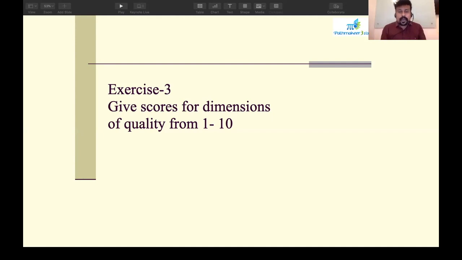In your exercise sheet, on the page given to you as exercise 3, write down the name of a product or service and mention the scores that you're going to give for the first 7 dimensions of quality. Fill in these details and share it with us.